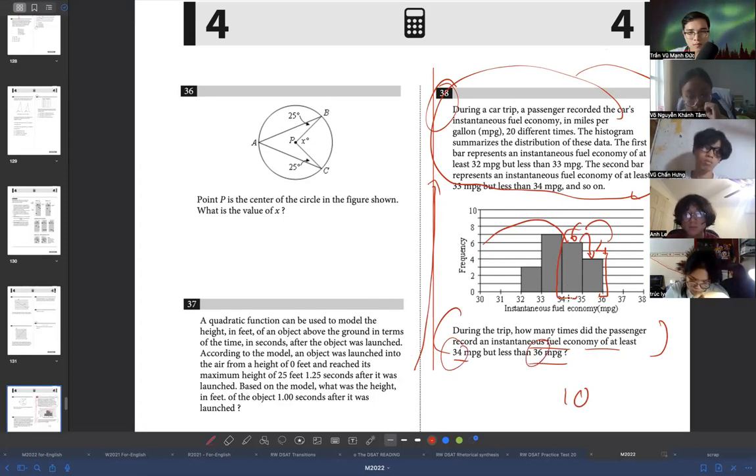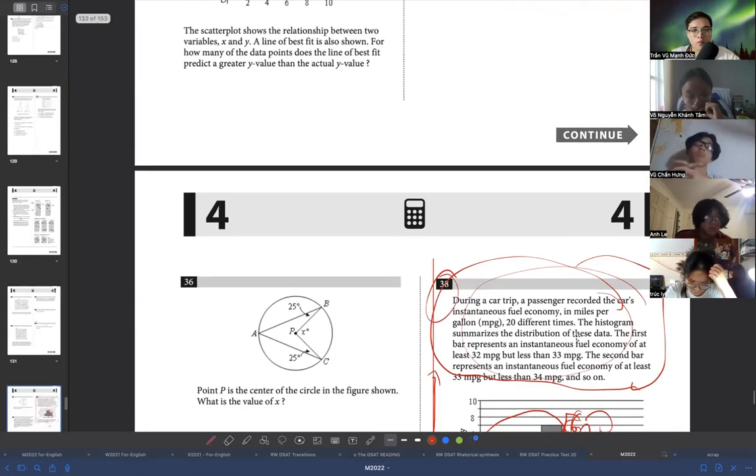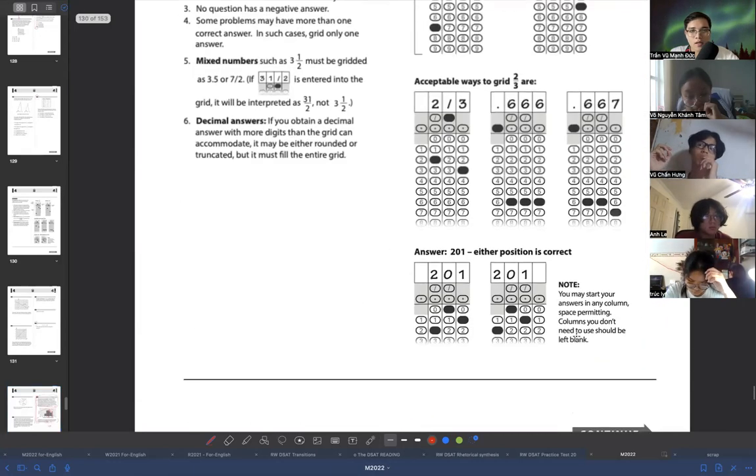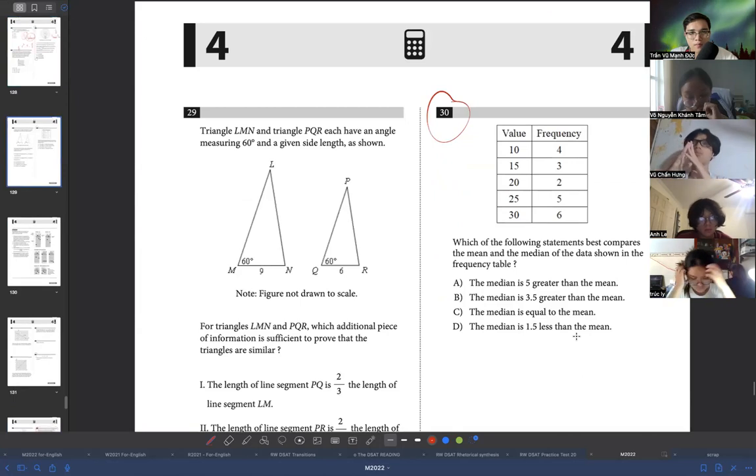Let's assume I read the graph and I see that 34 is here, 36 here, so it will be here. So I don't really need to read this. It's very much wasted. You have 6 and 4, and you add them up, you get 10. Exactly. It's very quick if you know what to look for and where to look for it. And the rest won't matter too much.